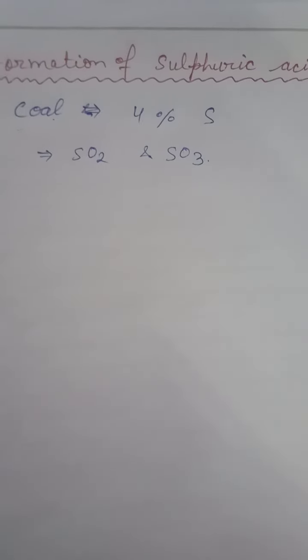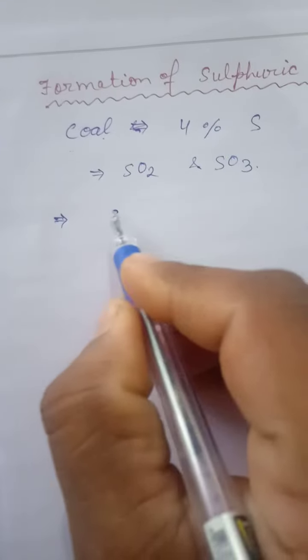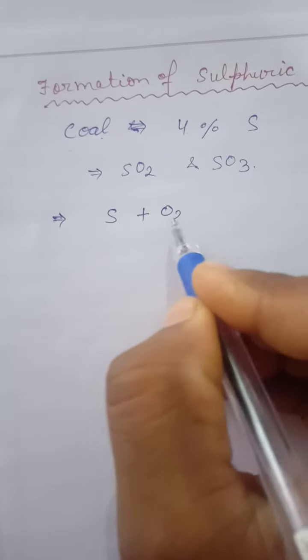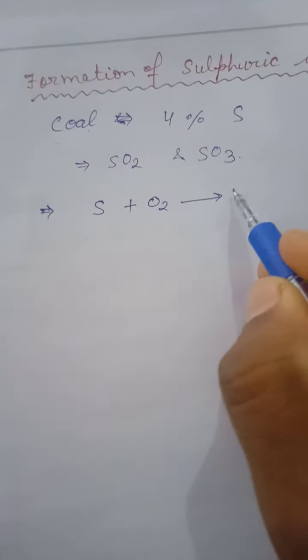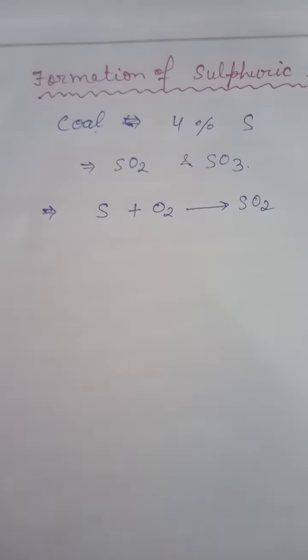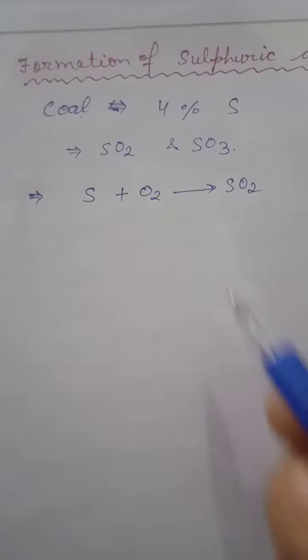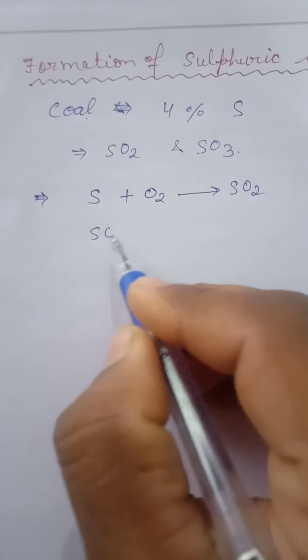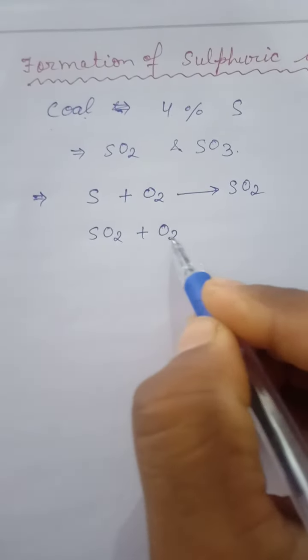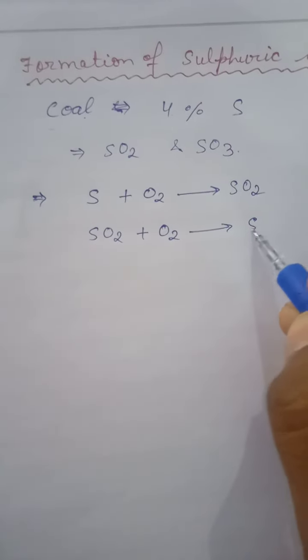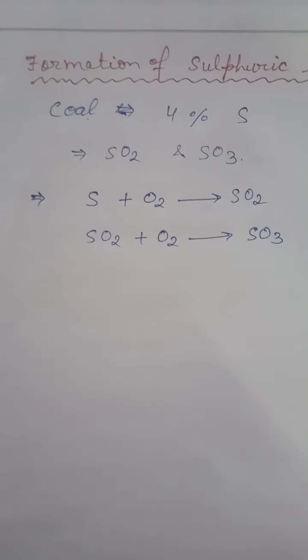And how do these gases form, my dear? Suppose this is sulfur; by combustion it is converted into SO2, sulfur dioxide, and this sulfur dioxide again reacts with oxygen to convert into sulfur trioxide.